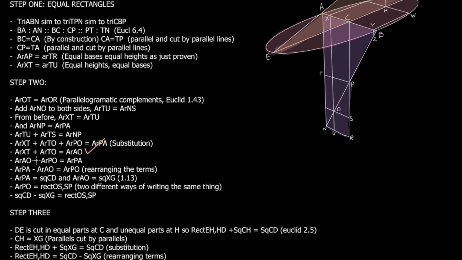And area AO plus area PO is area PA. Okay, so I think that's reliant on the idea that XT from before is equal to TU.